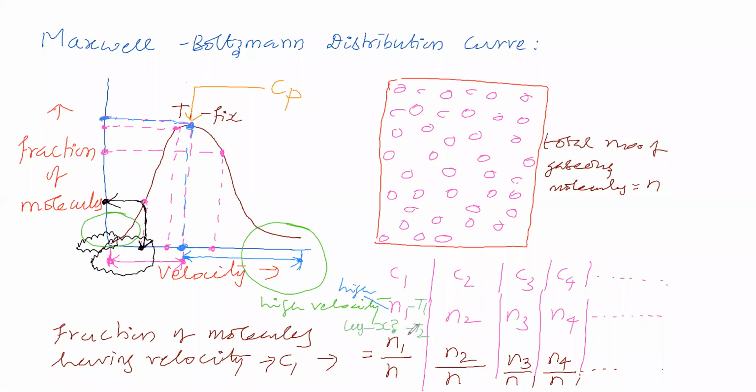So when the temperature is T2, the number of molecules will be X, which is less compared to N1. Here a lesser number of molecules, there a higher number. Now we will compare the fraction of molecules. The fraction of molecules having velocity C1 is N1 by N when the temperature is T1.